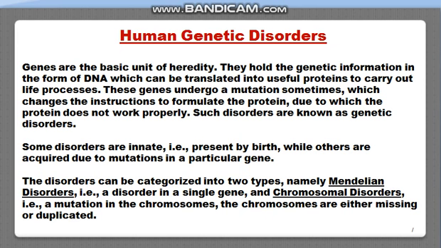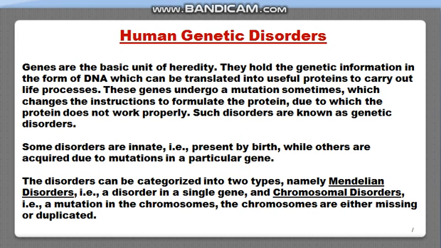So genetic disorders are of two types: Mendelian disorders, that is, disorders in a single gene, and chromosomal disorders, that is, mutations in the chromosomes, where the chromosomes are either missing or duplicated. Number one is Mendelian disorders and number two is chromosomal disorders.